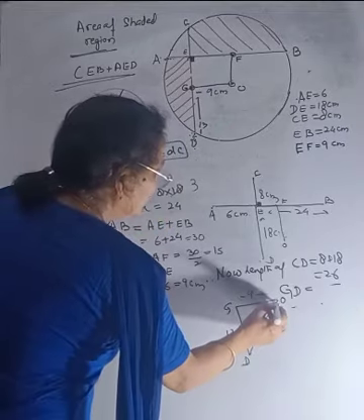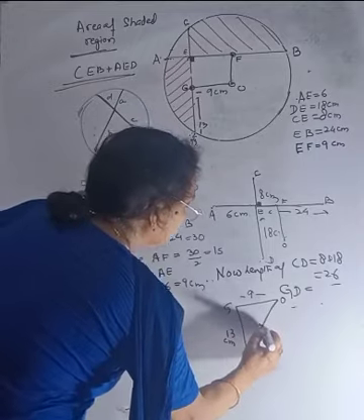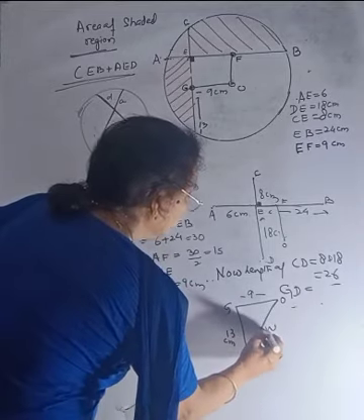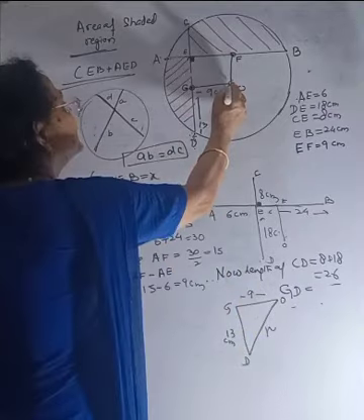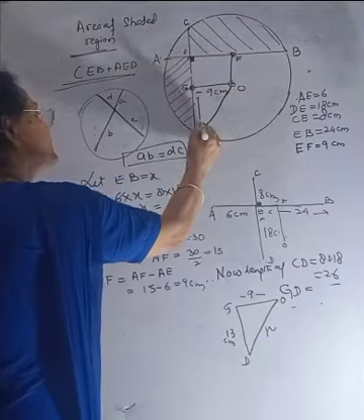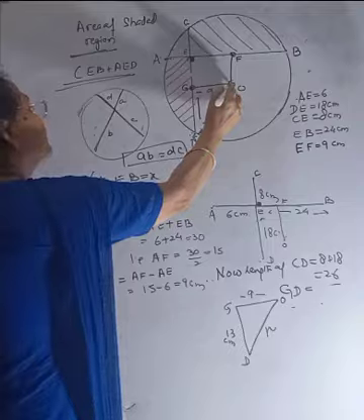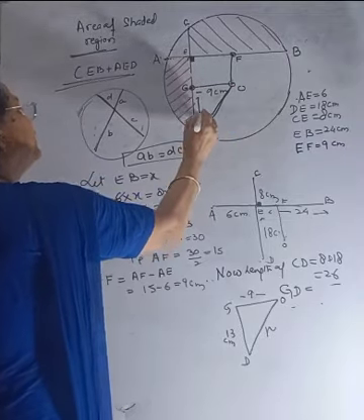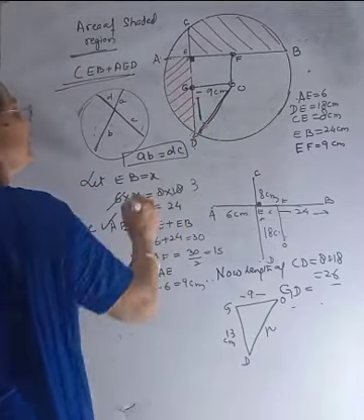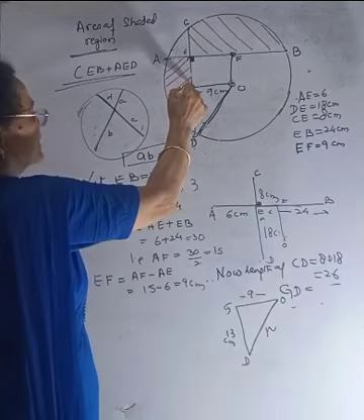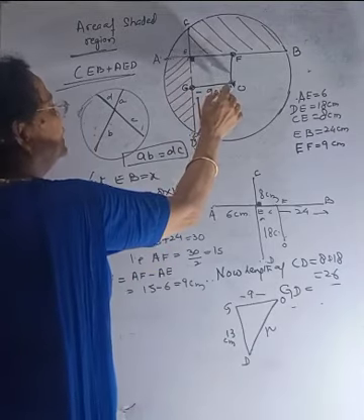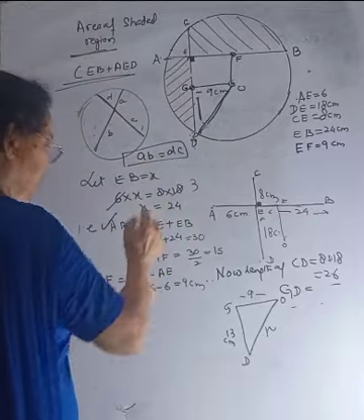It means this will be the radius of the circle. Correct? GD is 13. This is 9. And the radius can be obtained.